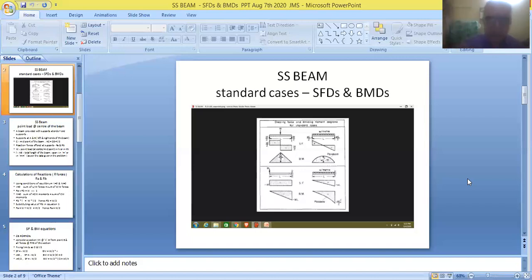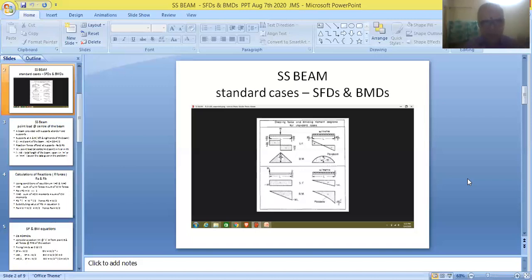So all the values are either 0 or positive, and they are coming above the baseline. Now we have to prepare the diagram. In the case of UDL, we have to use parabolas. Therefore, a curve is used for joining all these points. We are getting the bending moment in this particular fashion.